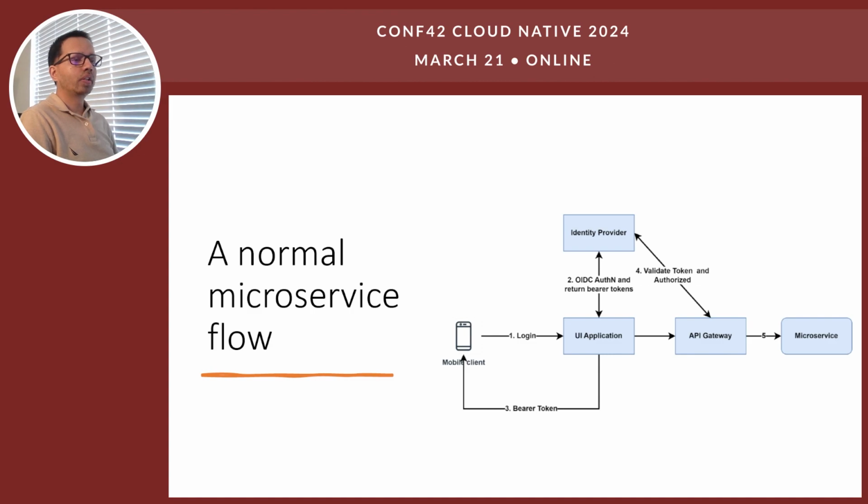Then we transfer that bearer token, and the UI application goes through an API gateway, and optionally it talks to the identity provider again to validate the token and do the authorization part. If everything works well, then at the end it talks to the microservice, and the microservice makes a call to some database. So this is a typical flow of any microservice app.